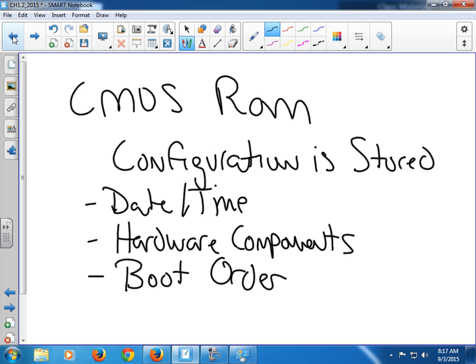Let's see if I can get it to come back on. And I've taken no time to try to troubleshoot this one yet, so let's see. Maybe not. Maybe I'm not going to get it back at all right now.